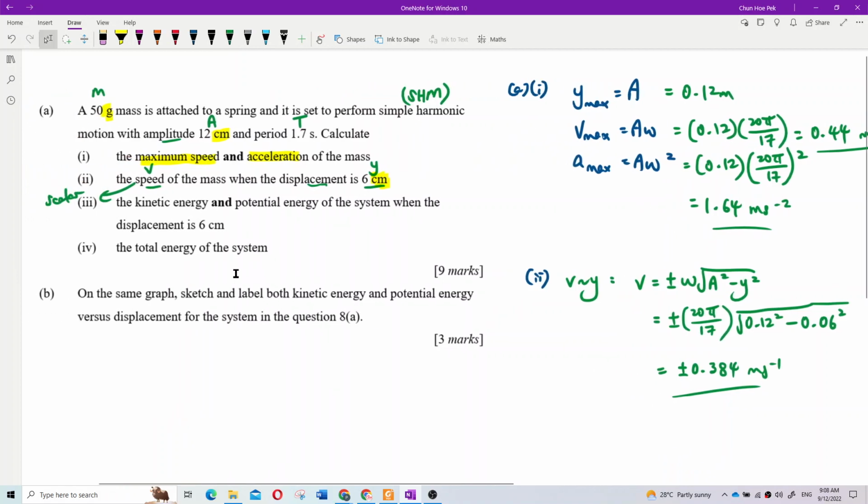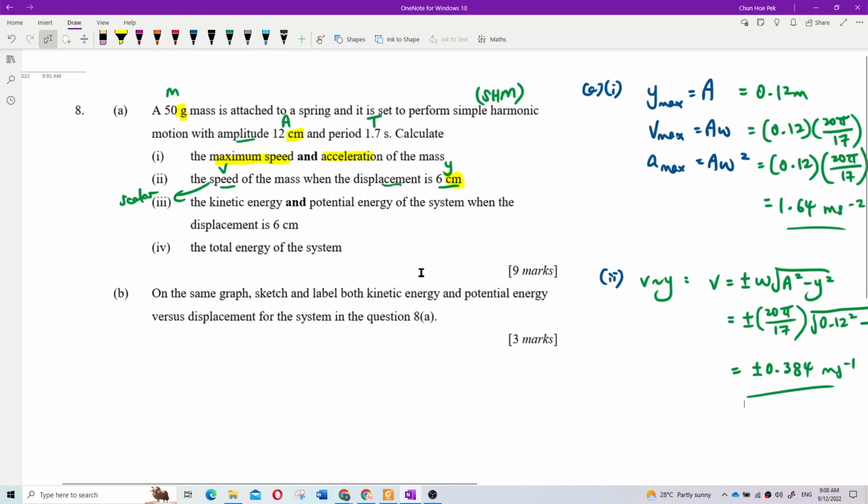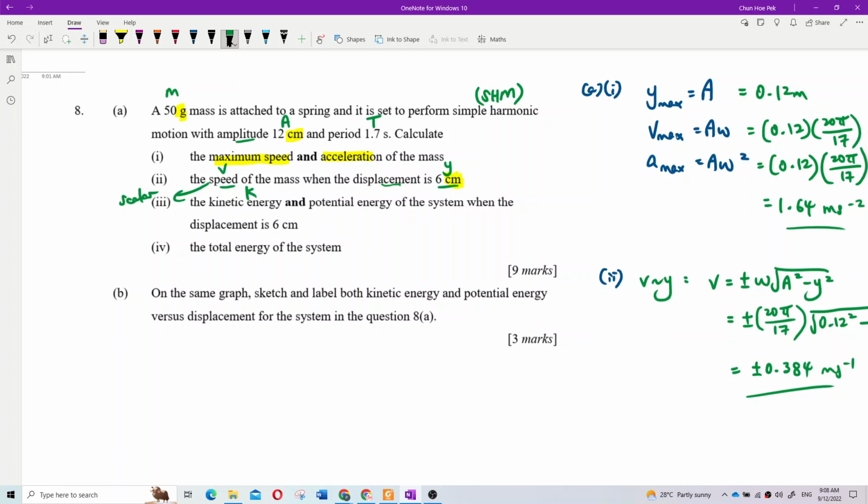Next, all using formulas only, very easy. The kinetic energy and potential energy of the system when the displacement is given. You need to find kinetic energy and potential energy given the displacement again. You see, in one question you got two answers you need to give.